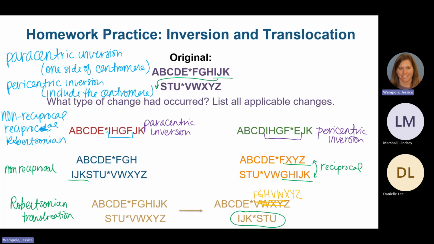If you have major regions deleted, whole chromosomes missing, or whole extra chromosomes, you end up with very widespread phenotypic effects, and usually they're not survivable. There's only a handful of them that are actually survivable, and usually the ones that are survivable have major effects.